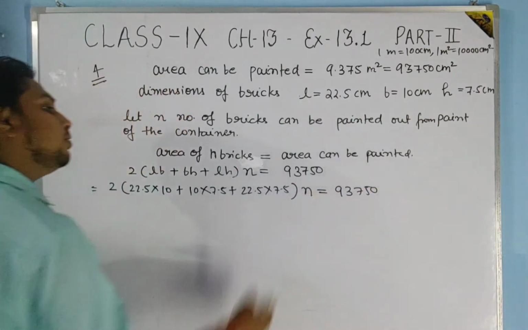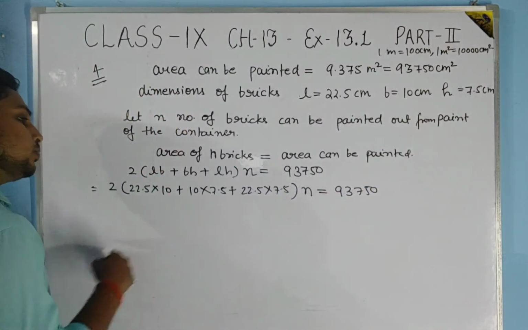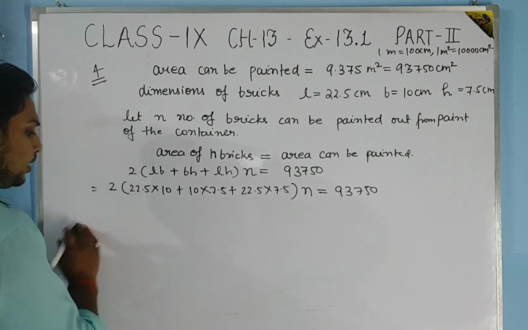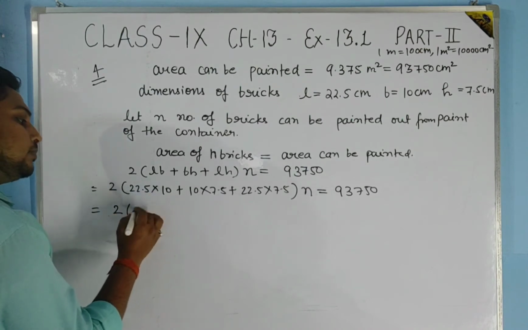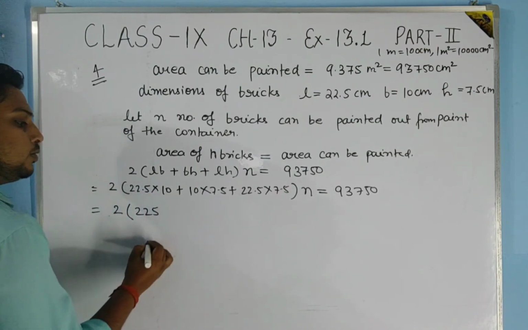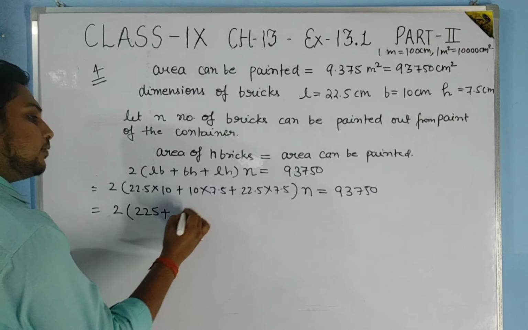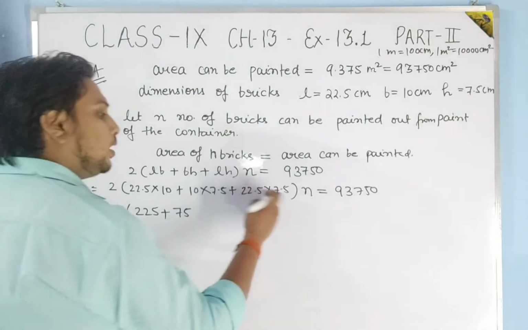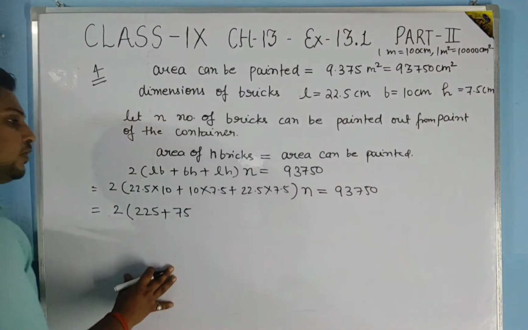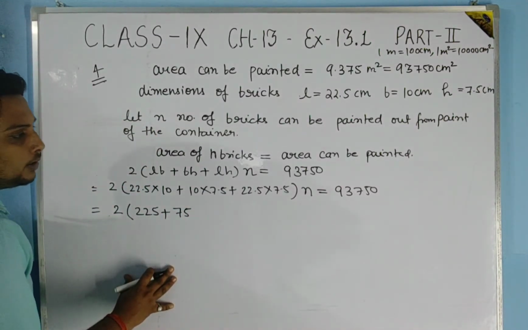We have to find the value of n. Okay, so just try to calculate it. 22.5 into 10, the decimal will be balanced, then it will be 225. 10 into 7.5, again the decimal will be balanced, then 75. 22.5 into 7.5, this we have to multiply.